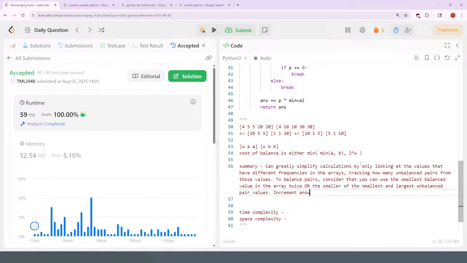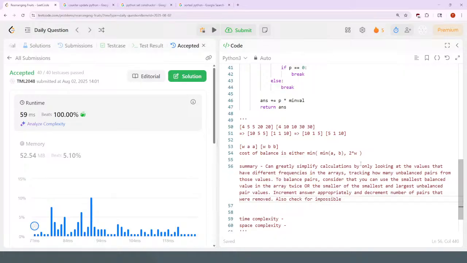Increment answer appropriately and decrement number of pairs that were removed.